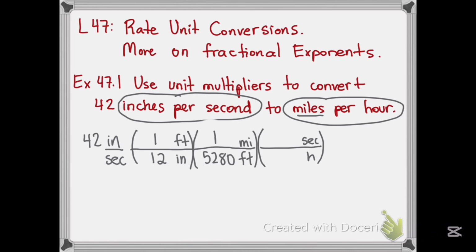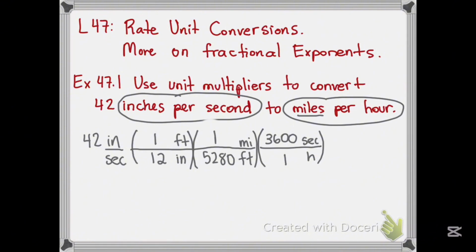If you don't remember these conversions, make sure you make a little corner there where you write all of these conversions so you have them handy to use. And then 1 hour, notice how the 1 goes on the bottom, equals 3,600 seconds. Why? Because there are 60 minutes in an hour and 60 seconds in each minute, so 60 times 60, 3,600.